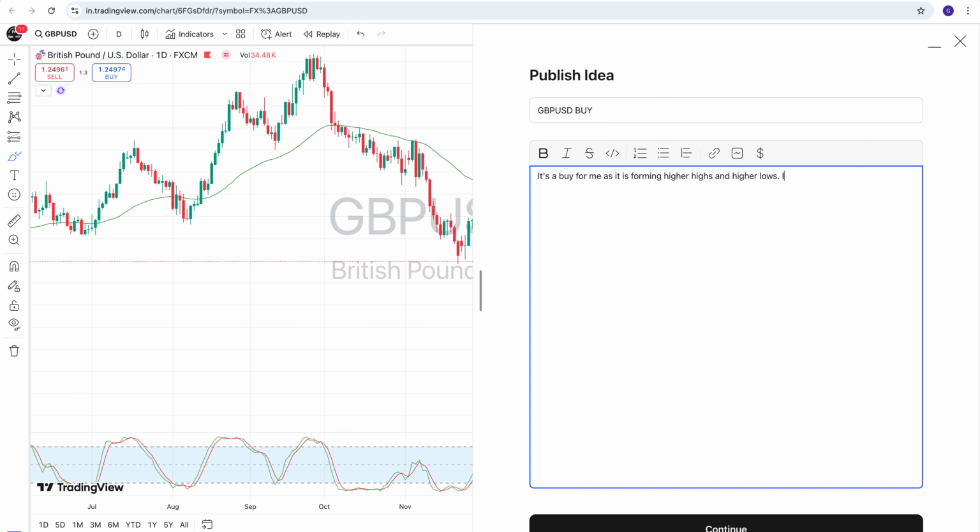So in case the candle closes above 1.2544, then it retests the same support of 1.2544 and it goes higher.